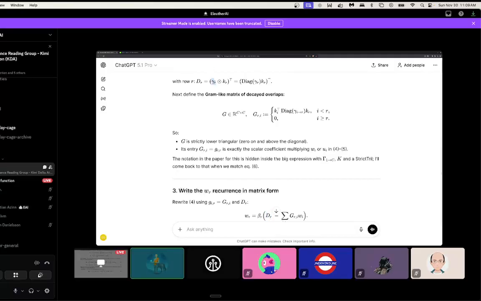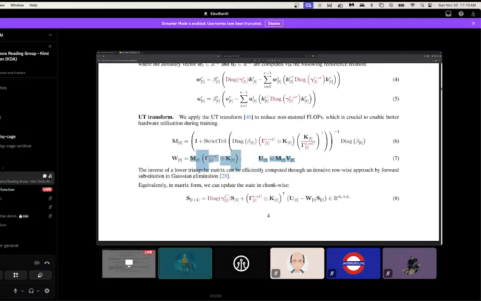We've got gamma R times KR for DR here, and then this dot product here.